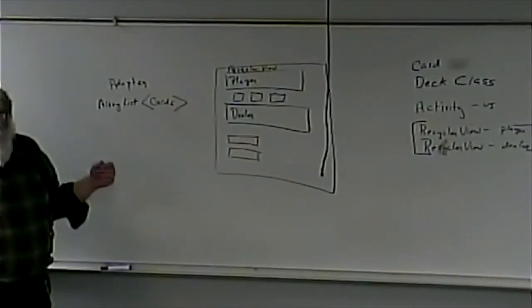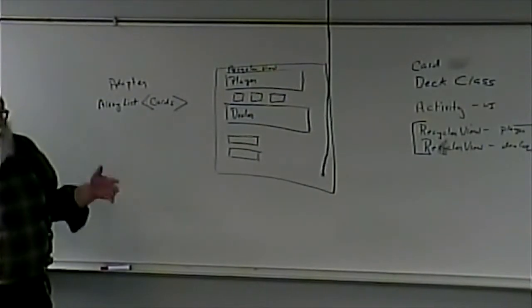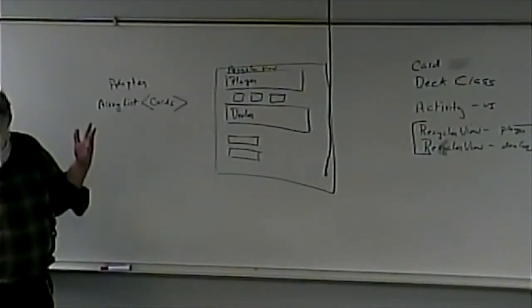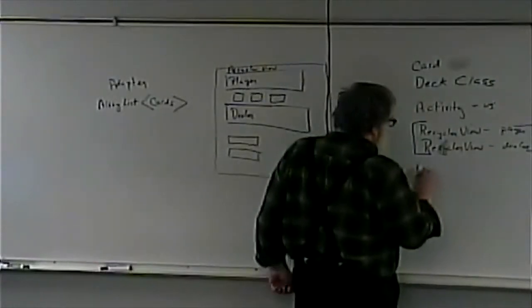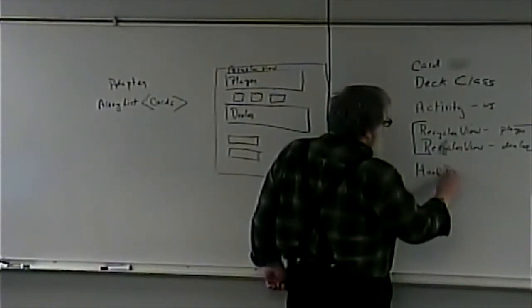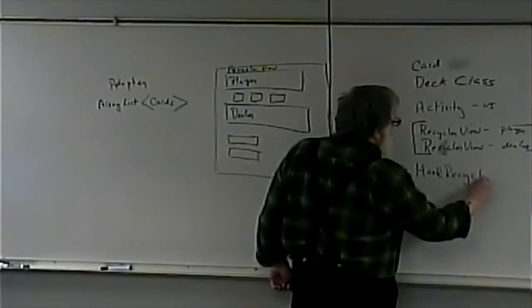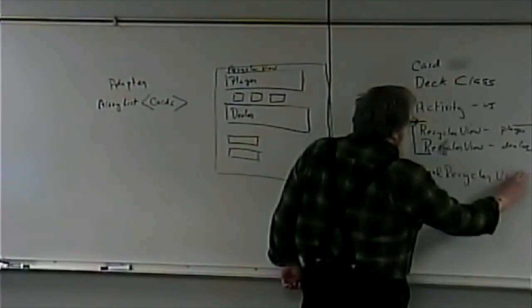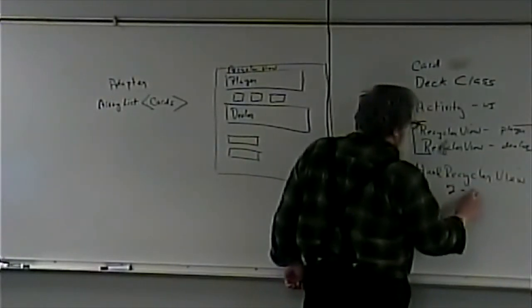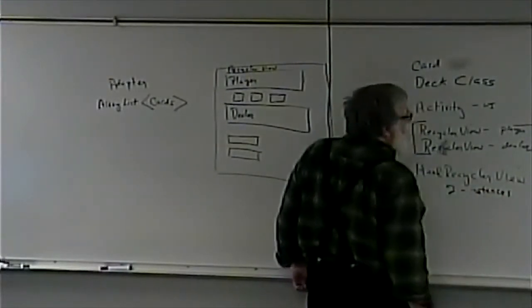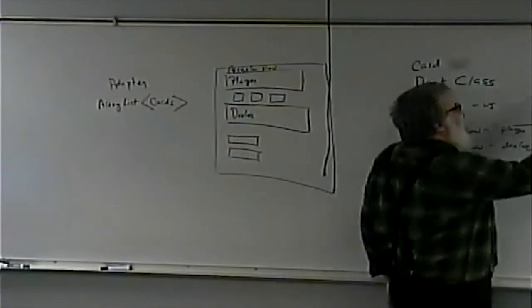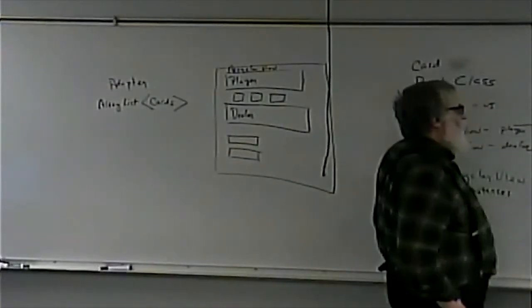They get cards, and they get cards added to them. Really not much of a difference. So I would have my hand recycler view. And there'll be two instances of it. Just like there's two array lists of cards. All right?